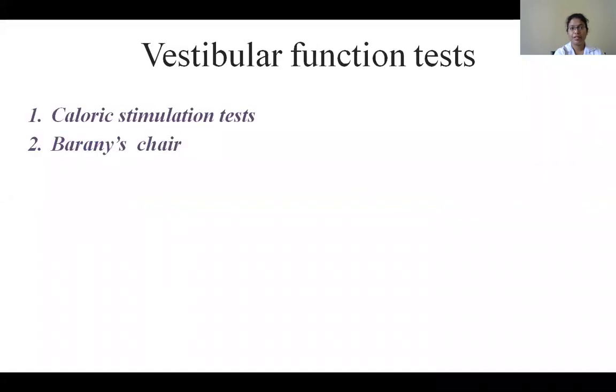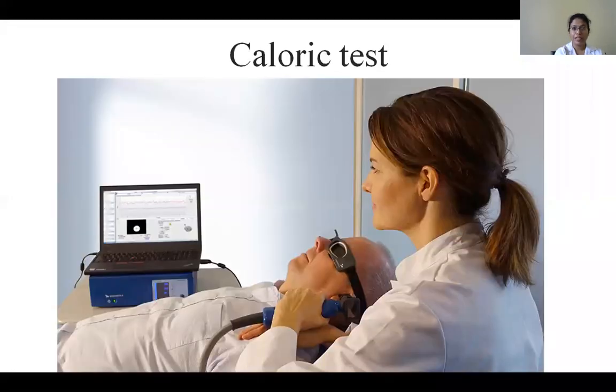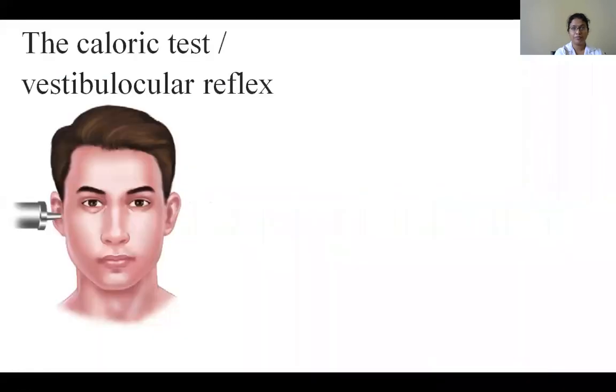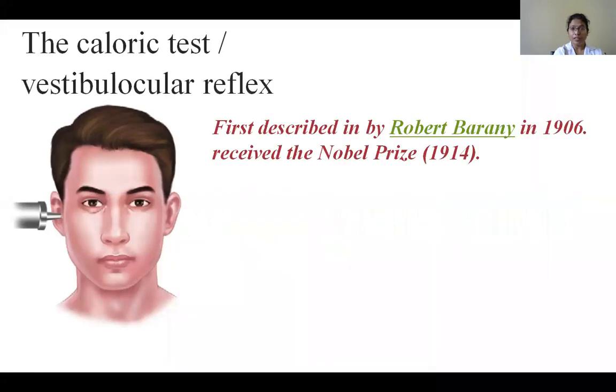Okay. Now coming to vestibular function test, it is just for your knowledge. We would not be performing it on the patient. The other name for caloric test is vestibulo-ocular reflex. This was first described by Robert Bárány in 1906, for which he received the Nobel Prize in 1914.